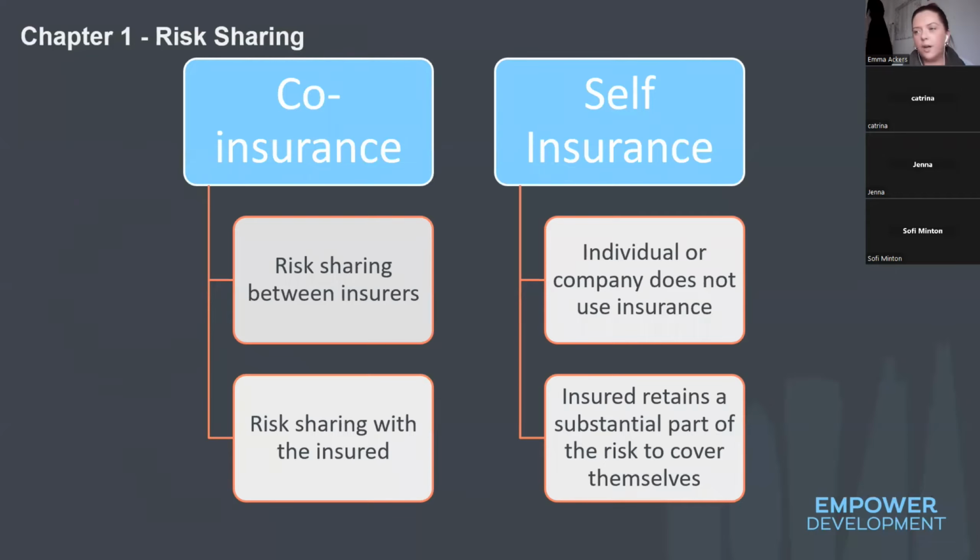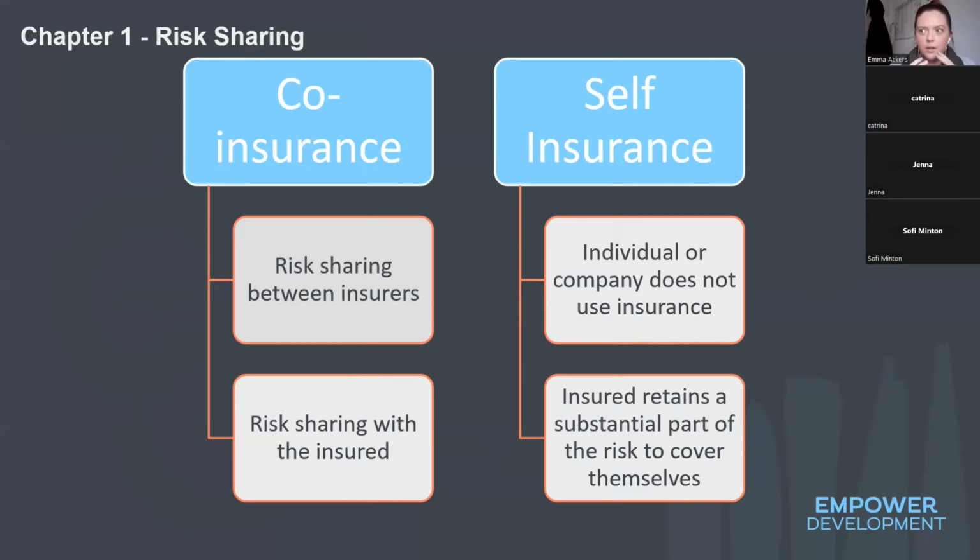So next, looking at co-insurance, self-insurance. So insurers, we spoke a minute ago about that pool of money that we've got and how they need to keep that pool full. Okay, and insurers really need to manage that pool of money, because that's where the claims are paid from, and they want to be able to meet all of the claims that come in.